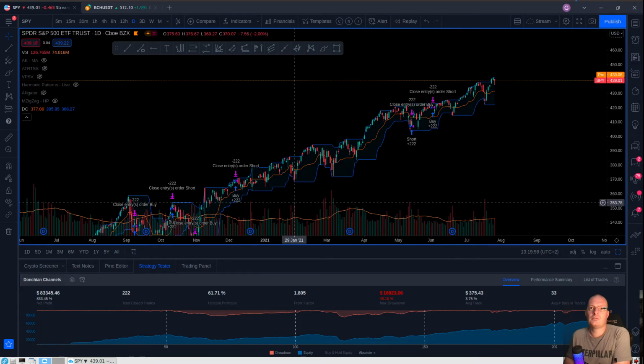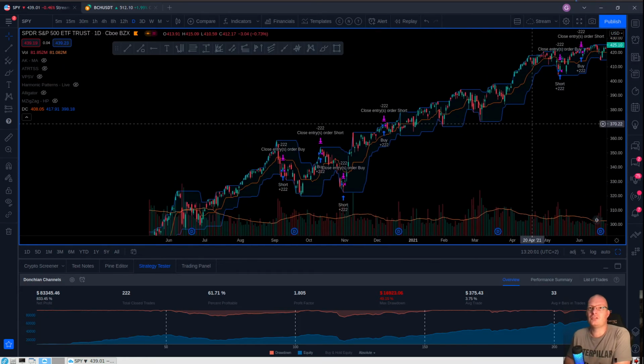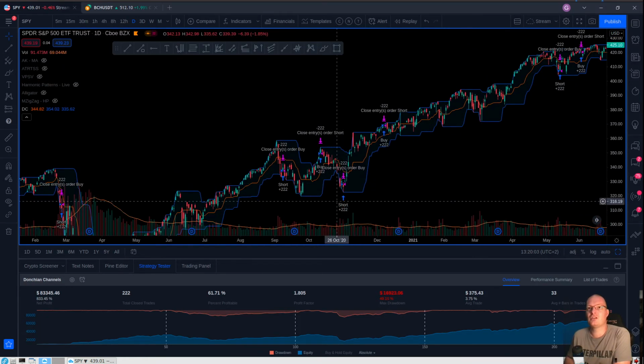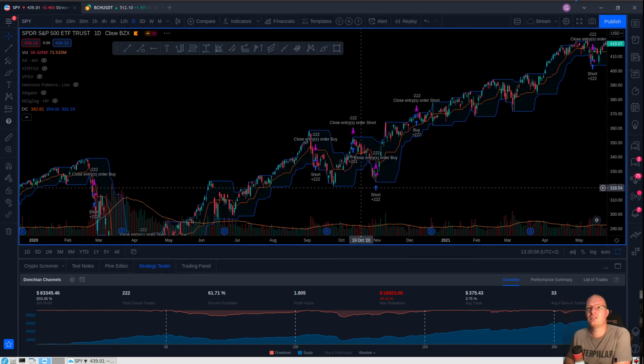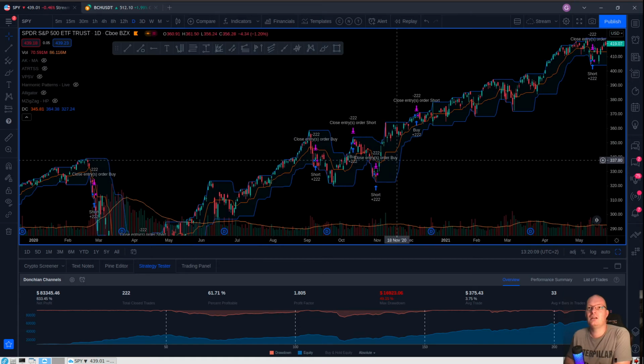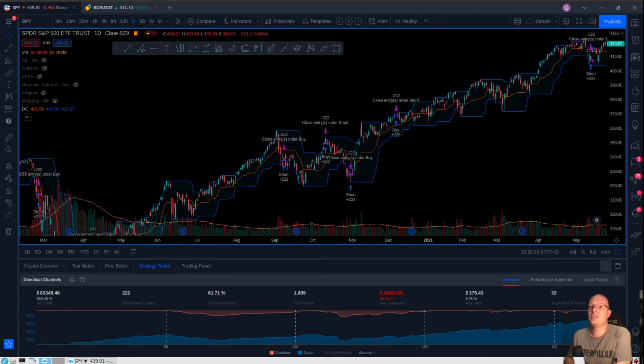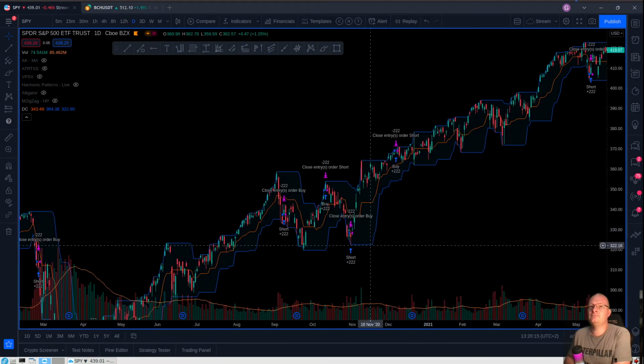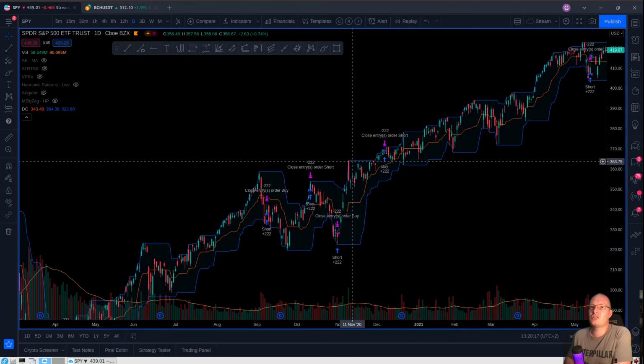So yeah. Also here, stop loss management. As you can see, we get a short signal over here and it goes against us. Yeah, this is a good example where you can see that the Donchian channel is actually coming up against you.